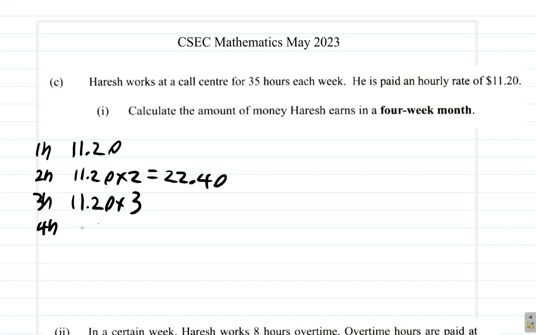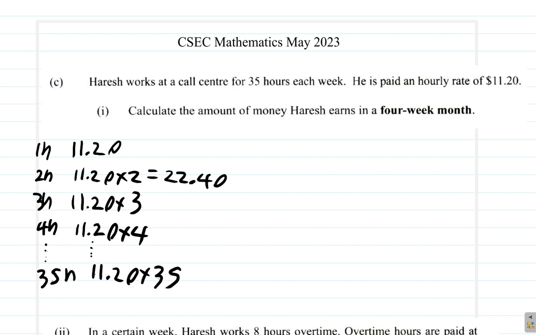After 4 hours, $11.20 times 4, and so on. So after 35 hours, he earns $11.20 times 35. So you must multiply $11.20 by 35.